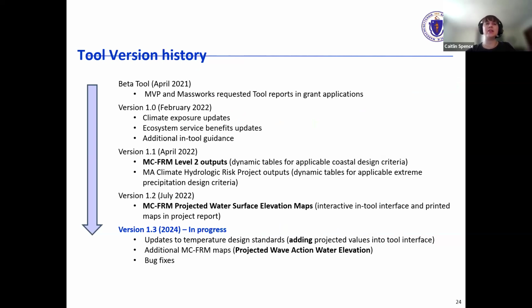Currently in progress are updates to the temperature design standards by adding actual projection metrics into the tool interface and adding new maps showing the Massachusetts coastal flood risk model data sets. So projected wave action water elevation. Several bug fixes will also be incorporated into this version release. Next slide.